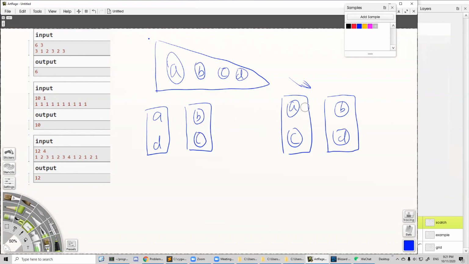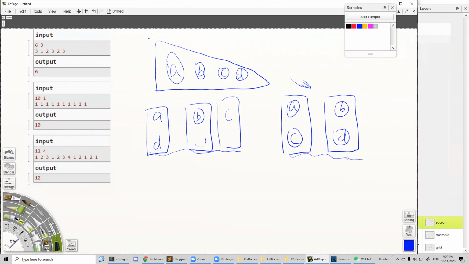So if we want this one to be the optimal, that means the other solution must have three buses, right? So this solution must be like this, right? But this case will never happen.